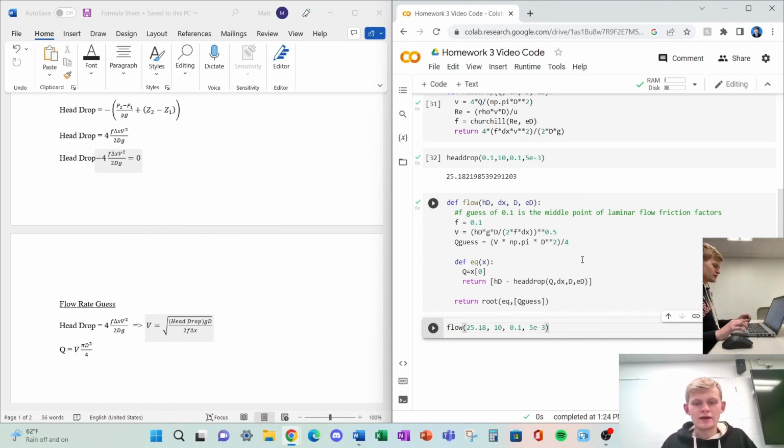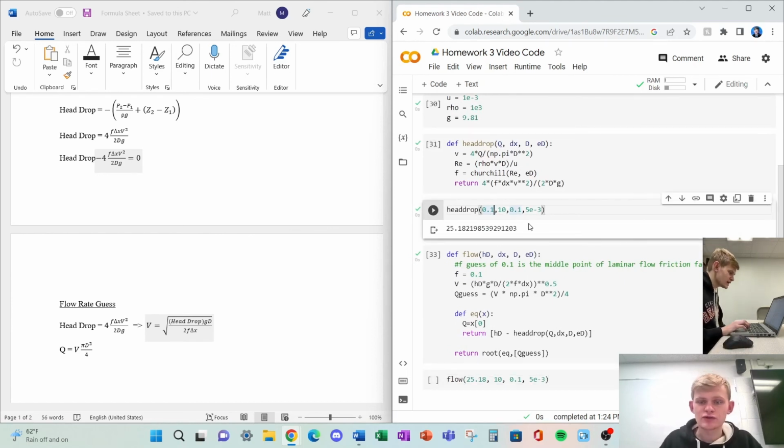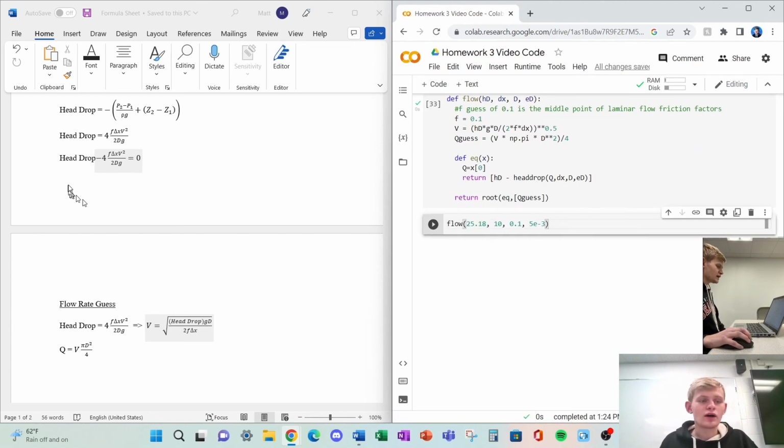All right, and before we enter this in, we're trying to see if the flow rate we find is going to be equal to the flow rate that we put up here in our head drop. And if they are the same, this means that our head drop formula is coming true, and that our two head drop formulas are actually going to be equal to each other.